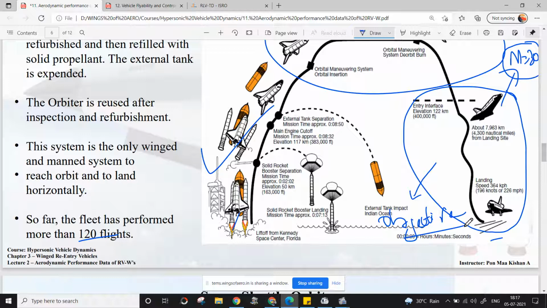How am I going to decelerate it? That is the ultimate aim of the project. If you take a re-entry vehicle with winged configuration and want to work in the hypersonic regime, your objective is how to decelerate the vehicle and land safely.